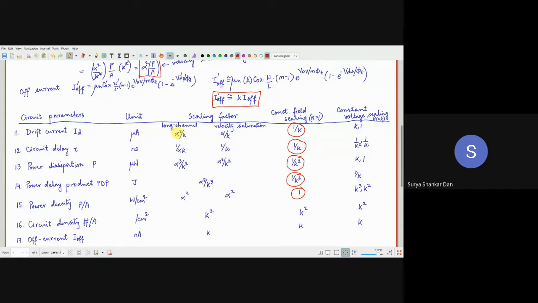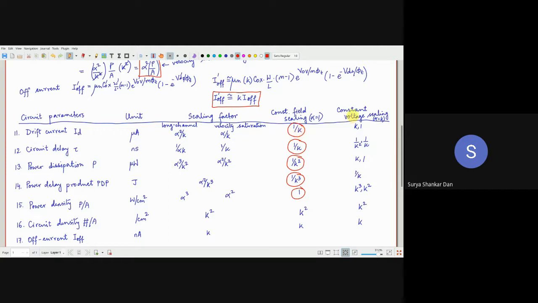So it will be alpha square by k or alpha by k. Under constant field scaling, that means alpha is equal to 1, you will be having 1 by k, irrespective of whether it is long channel or velocity saturation. In either case, this is alpha square, this is alpha. So when alpha is equal to 1, constant field scaling is always 1 upon k, correct?